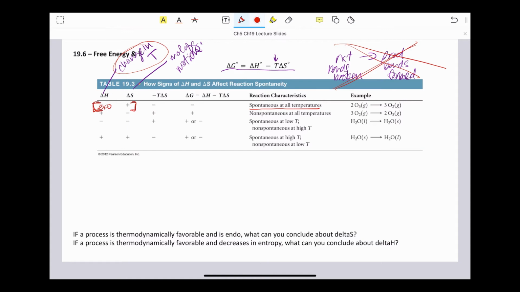It has more microstates than it did before. In that scenario, if both H and S are favorable, then my process is thermodynamically favorable at all temperatures.